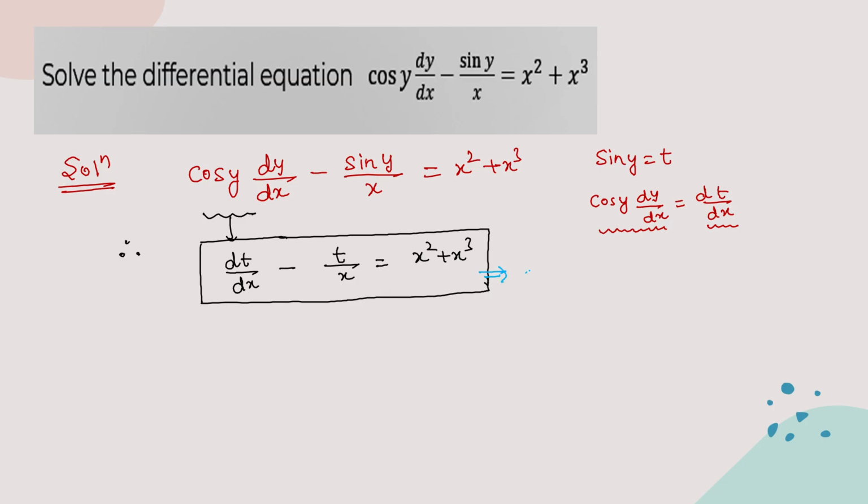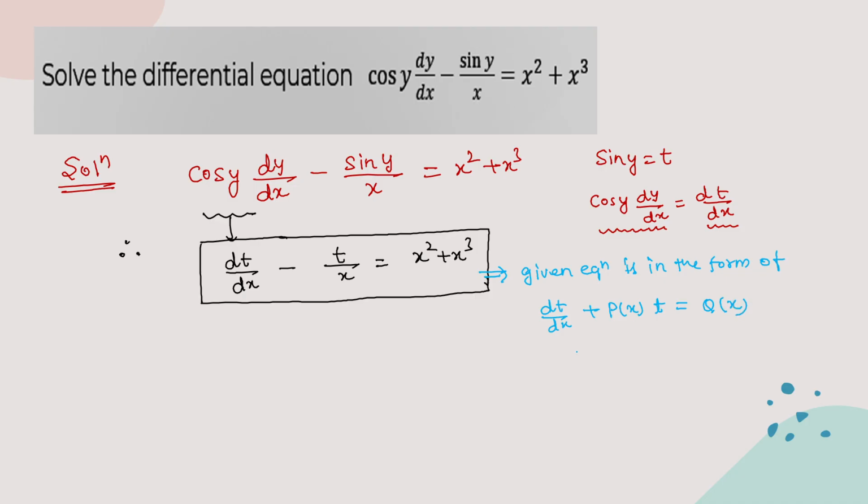So the given equation is in the form of dt by dx plus p of x into t is equal to q of x.